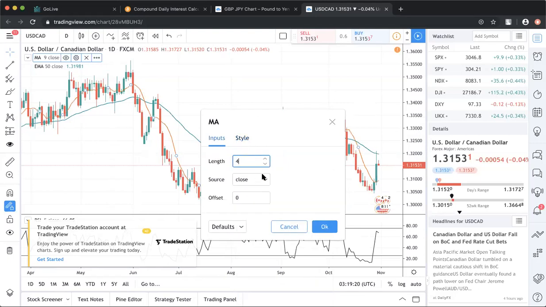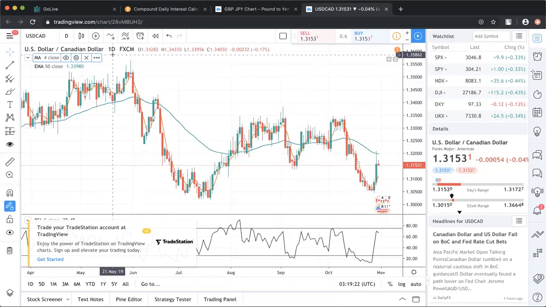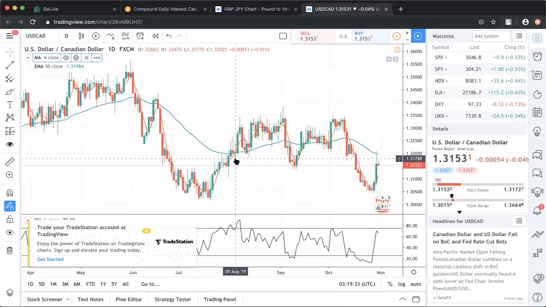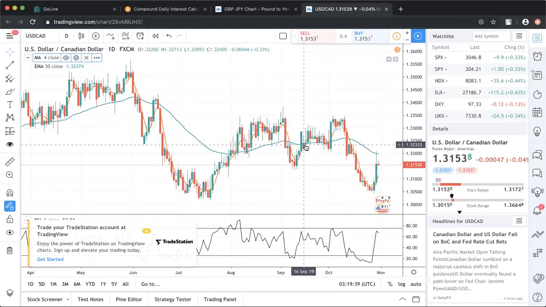And then we're going to put the 4. Boom. So on the 4 and the 50 EMA cross, you're putting a 20 pip stop loss on any trade on any time frame. So whenever you see a cross, your stop loss has to be 20 pips on each cross.